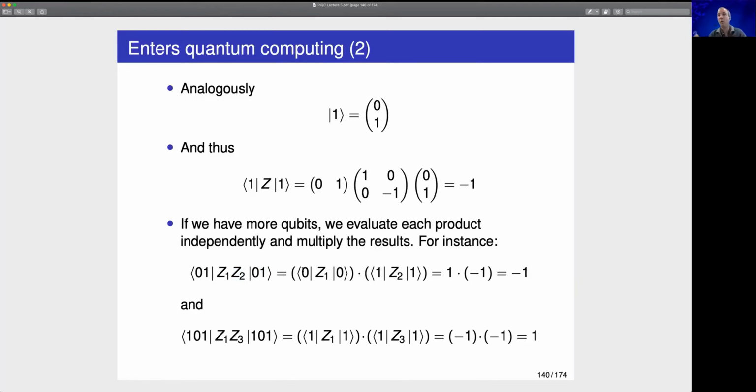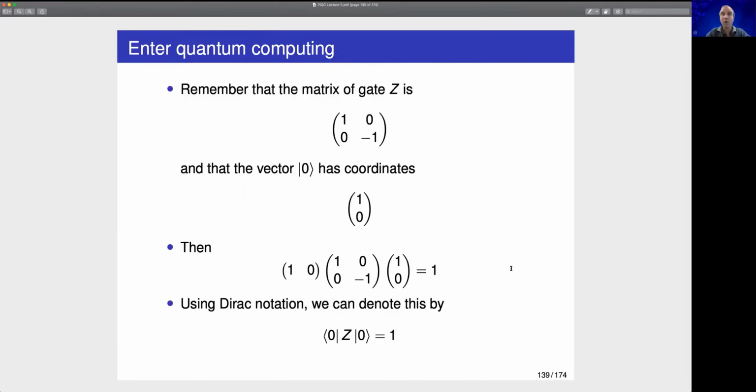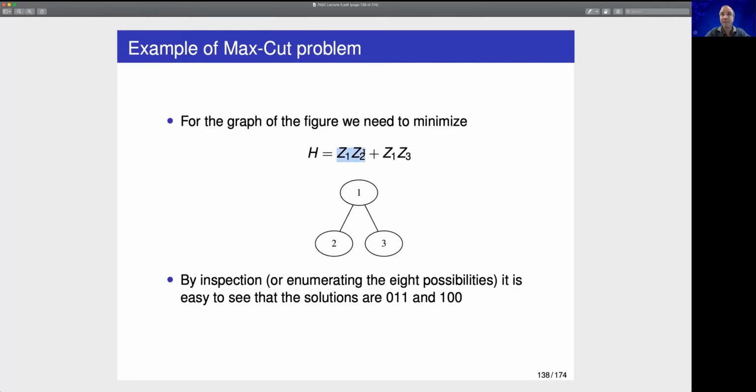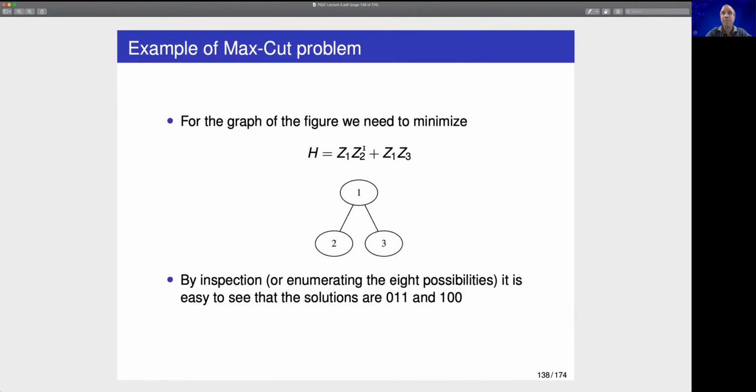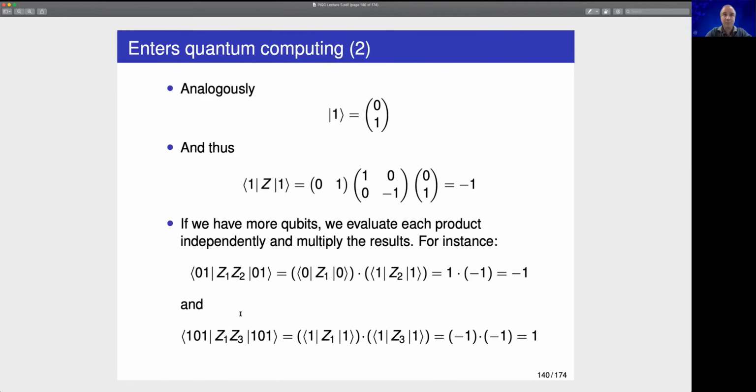Okay, so this is a way of obtaining this value for this term here as something that comes from the values of the qubits that we are going to use to represent the assignment of vertices to groups.